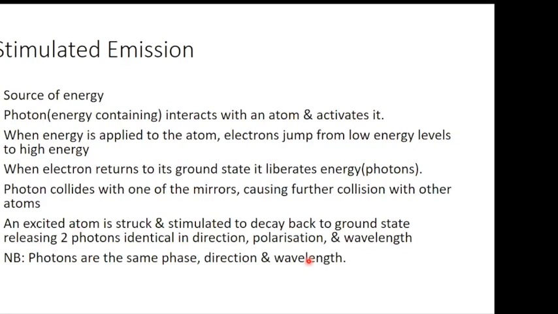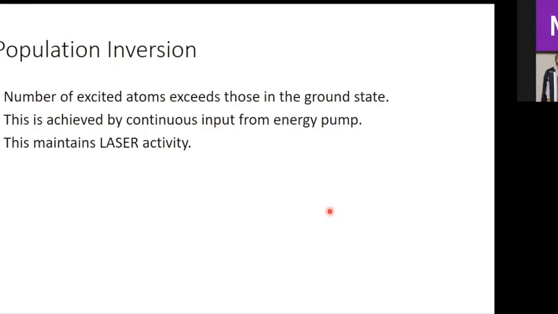Once they're in the excited state, when they return to a ground state, they emit energy in the form of photons, and then these photons, with a continuous source of energy, will further activate other atoms, and when that happens, two more photons will be released from those atoms when they return to a ground state. Okay, that was stimulated emission.